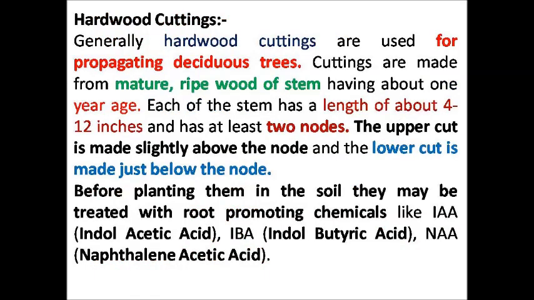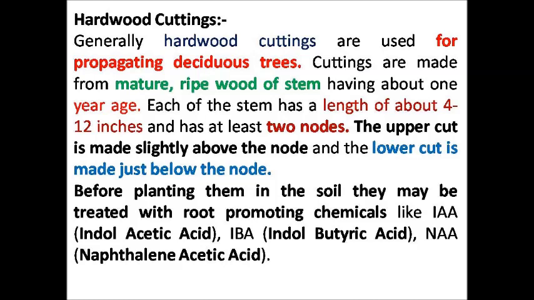Hardwood cuttings. Generally, hardwood cuttings are used for propagating deciduous trees. Cuttings are made from mature ripe wood of stems about 1 year of age.